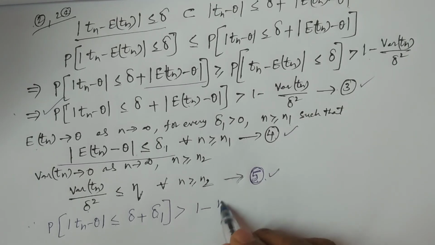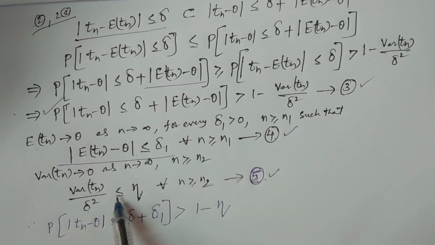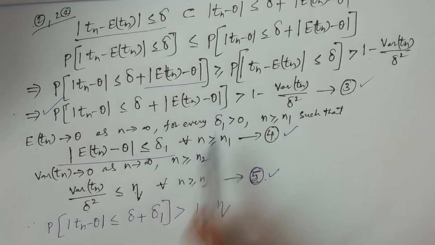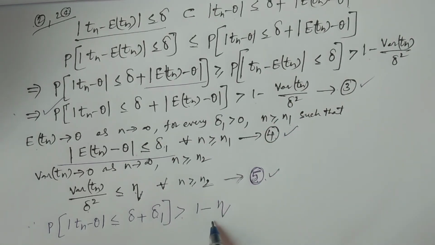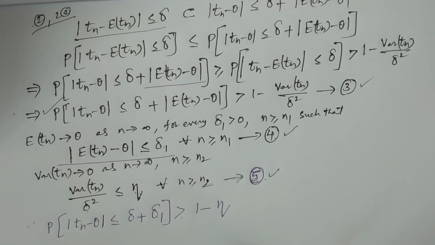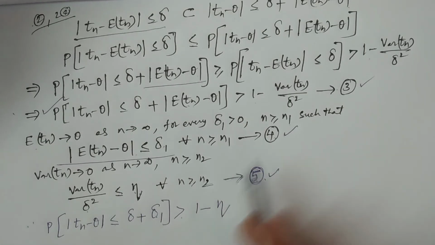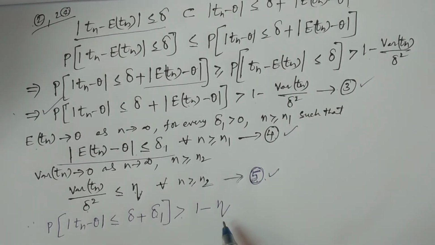So I am considering it as eta. Because it is a lesser quantity, if you subtract it from 1, the result is greater than 1 minus eta. If one positive quantity is subtracted from 1, the result is again greater than 1 minus eta. That is the kind of consideration.